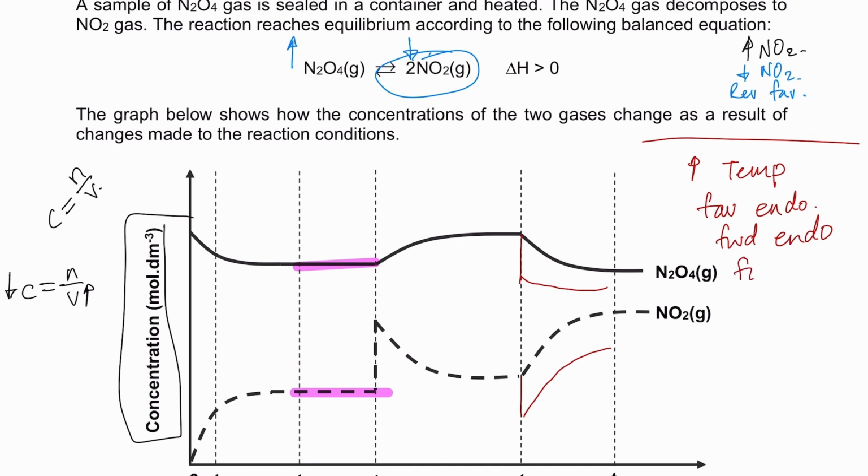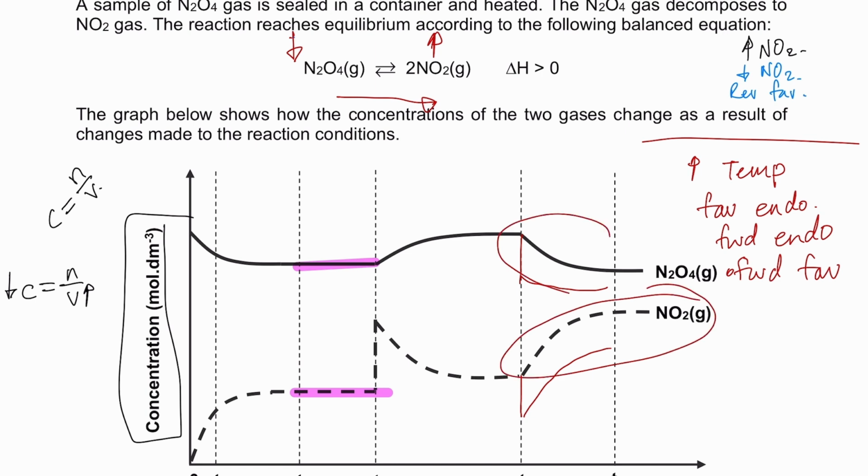And so the forward is favored. Now, we can see that if the forward is favored, the amount of NO2 will increase and the amount of N2O4 will decrease. You can see NO2 increasing here. You can see N2O4 decreasing there. And so that's our answer.